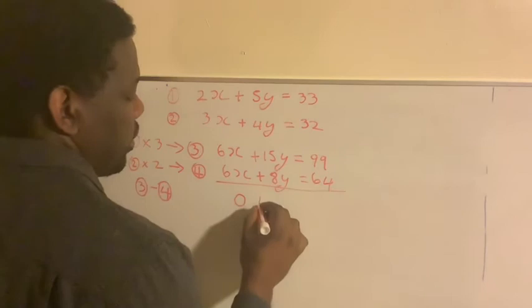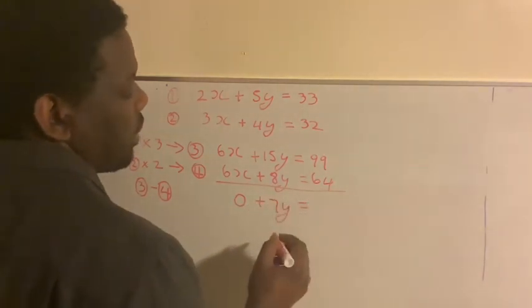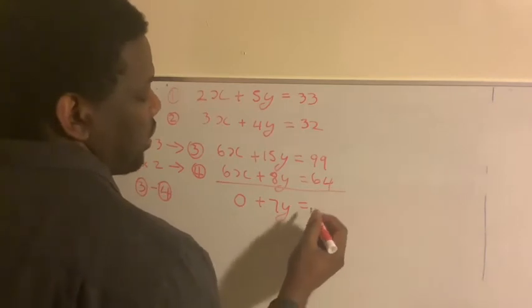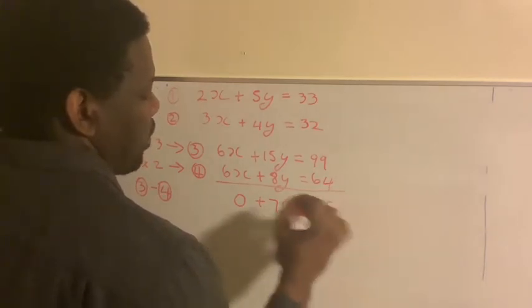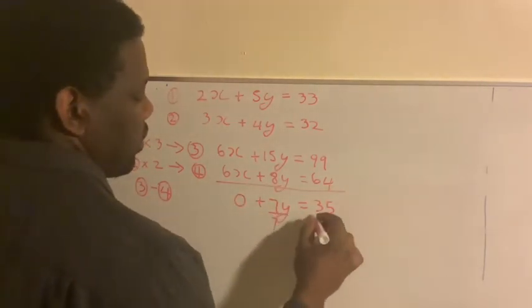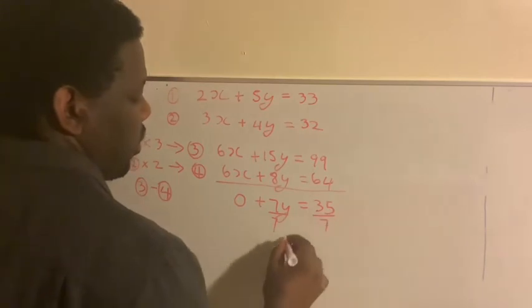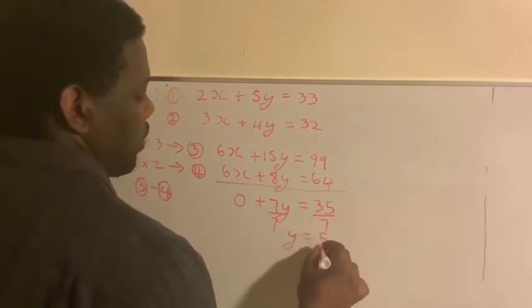That gives us 7y. And 99 subtract 64. That gives us 35. So now we can divide by 7 on each side. We have y is equal to 5.